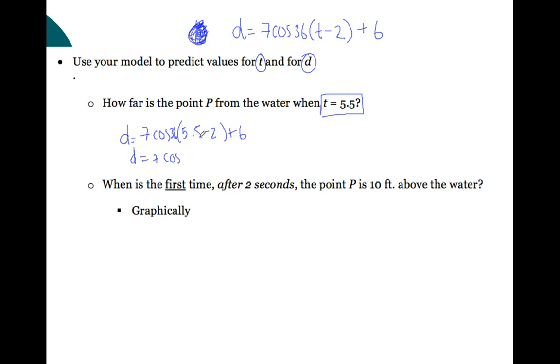It's 3.5 times 36 is 126, plus 6. I'm going to use a calculator. Degree mode. Where's my algebraically part here? It's supposed to be graphically and algebraically.